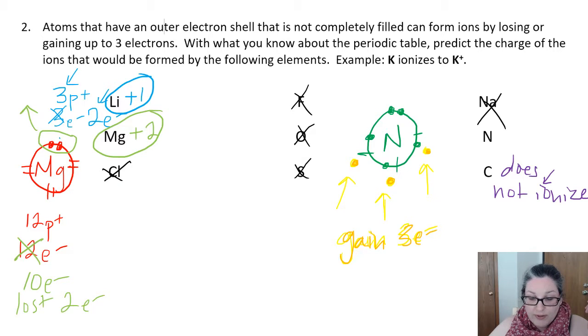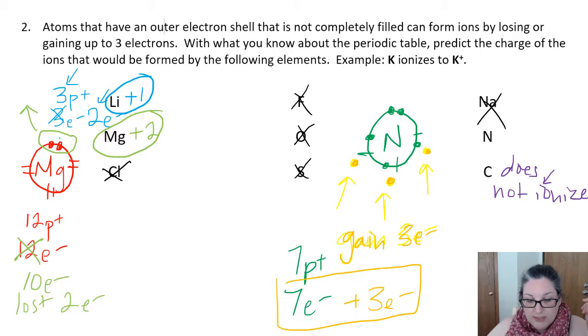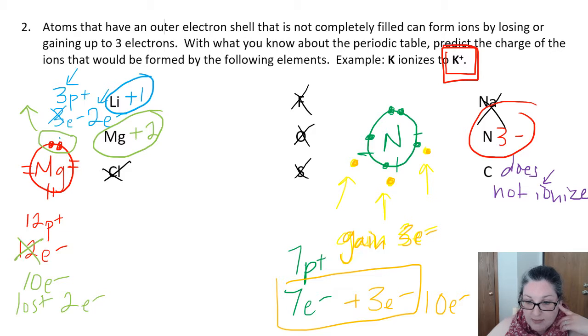So it started with 7 protons and 7 electrons, but if we add 3 to that, now we have a 10 negative charge and a 7 positive charge. So the charge for nitrogen is going to be -3, or 3 minus, I'm not picky, but there you go. So this is the kind of format I'm looking for, like this K+ here.